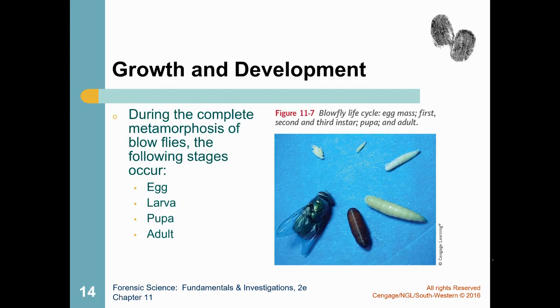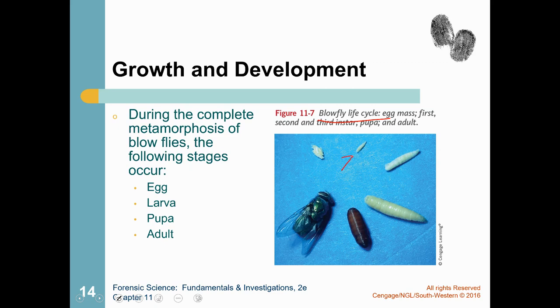During the life cycle of the blowfly, we have egg mass first, and then we have first, second, and third instar, and then pupa and adult.